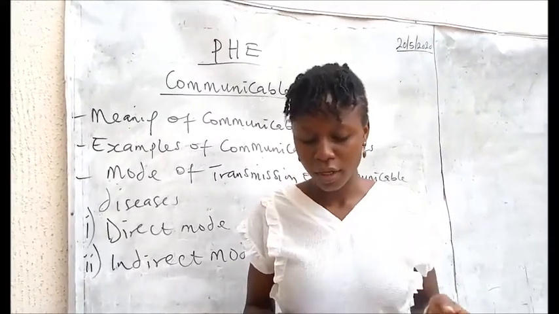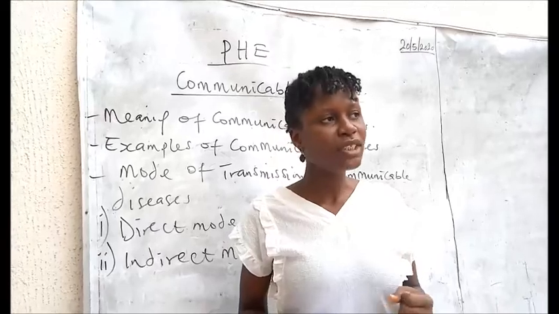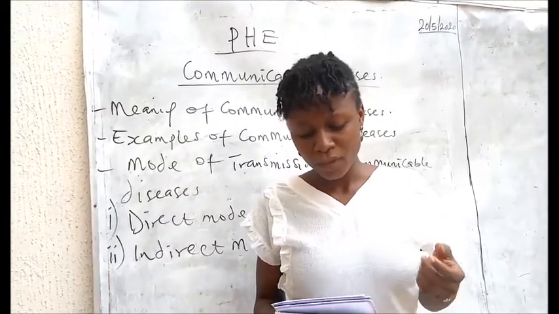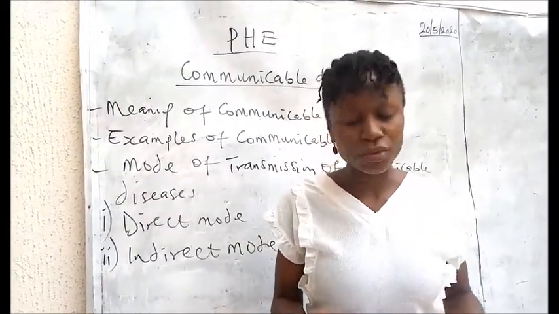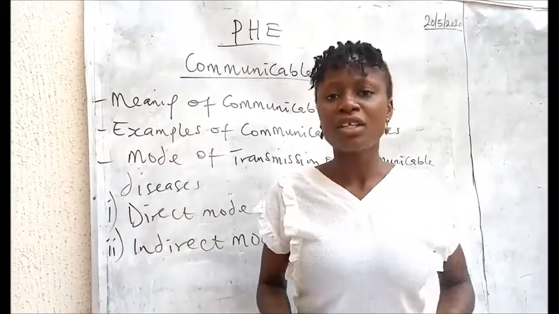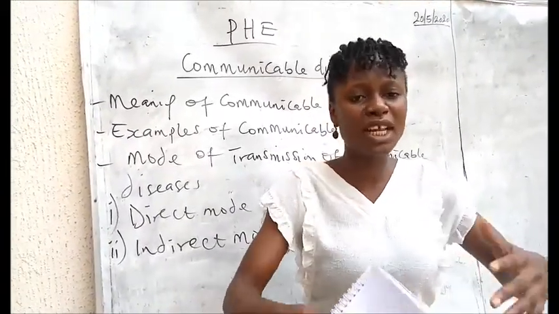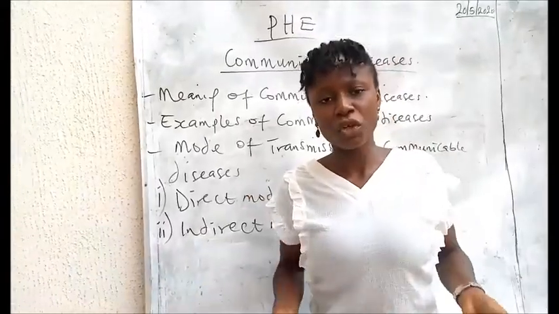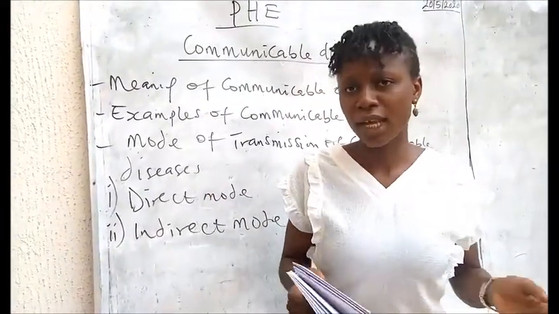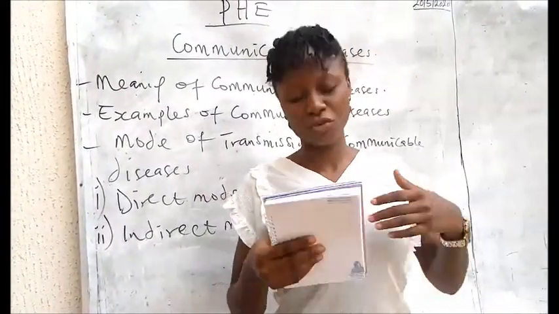Then again, you can have dysentery, cholera, diarrhea. These things are communicable, but you don't have to relate with a human being to get them. You may drink bad water, you may eat bad food, something like that, and you catch it.